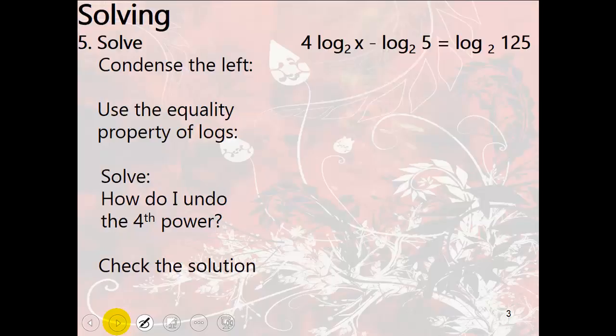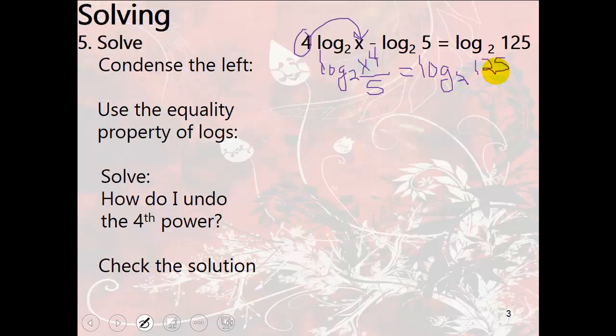So let's do that. So this is log base 2 of x to the 4th over 5. So I moved this to the power, and then this is minus, so I move my input to the denominator. And now I can leave this side as it is.